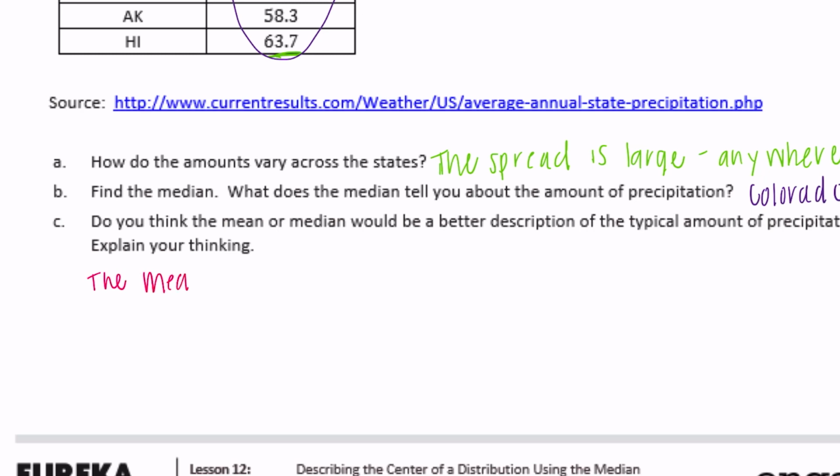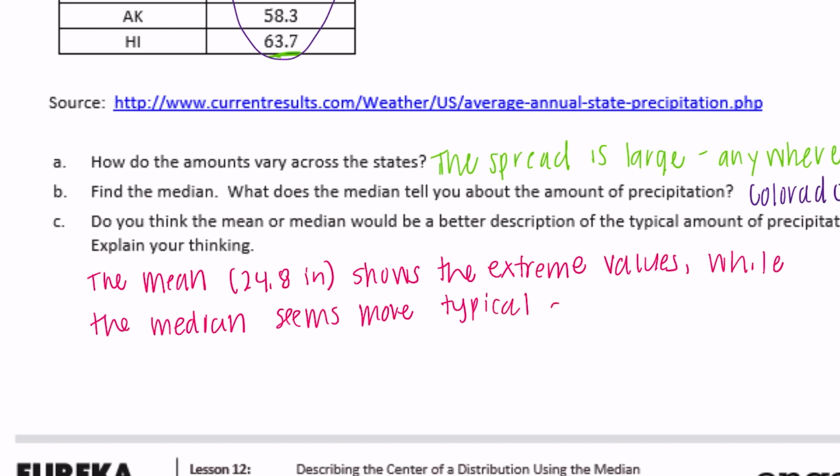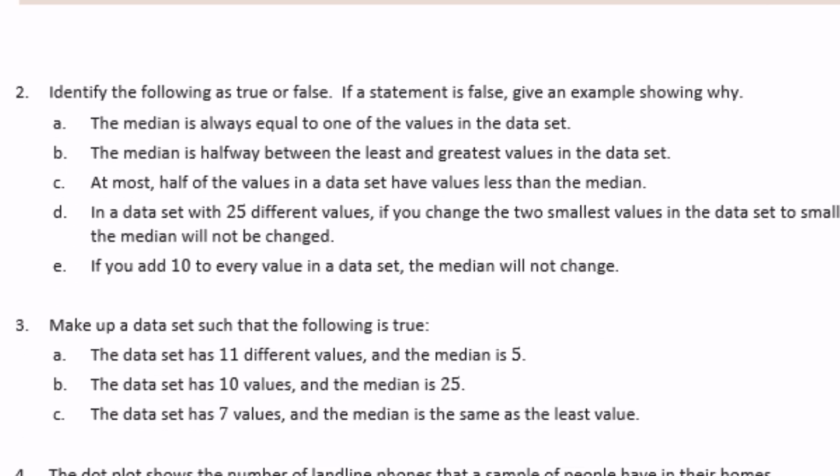So the mean, 24 and 8/10 inches, shows or takes into account the extreme values, while the median seems more typical at 15 and 9/10 inches. So you can decide which one's better. There's really no right or wrong answer as long as you can make a case for it.